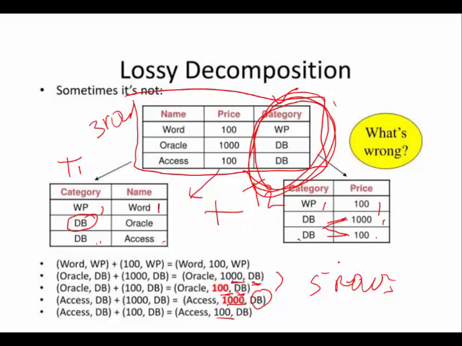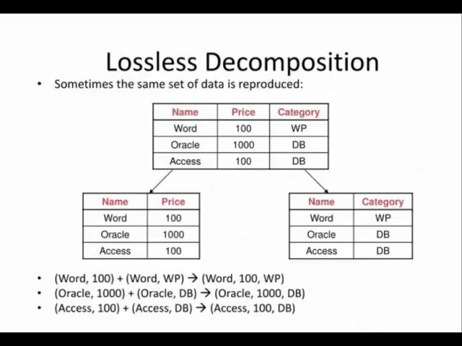So here, this one is category, this one is name, and this one is price. You try to decompose it into name, category, and price, and compare it again. In this example, it is lossless decomposition.